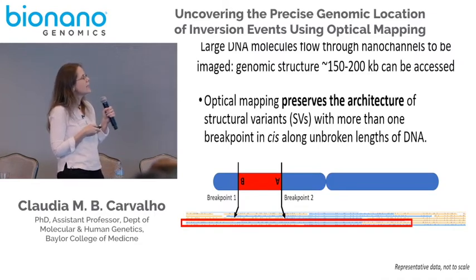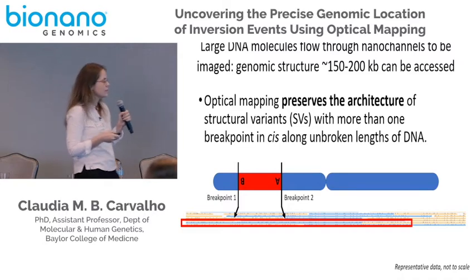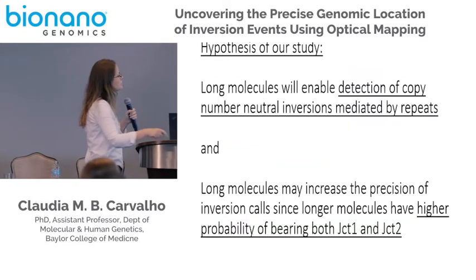That means we can cross some of the low-copy repeats and some of the repeats. Optical mapping preserves the architecture of the region, so we can detect both breakpoint junctions in cis by analyzing the raw molecules that the technology produces.